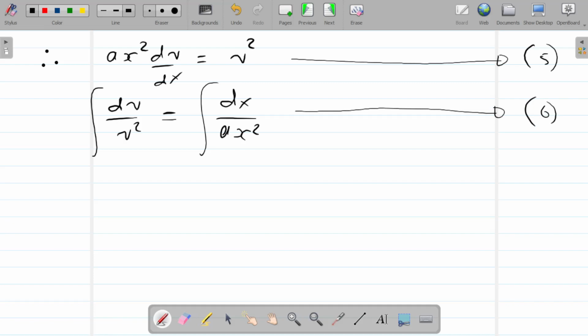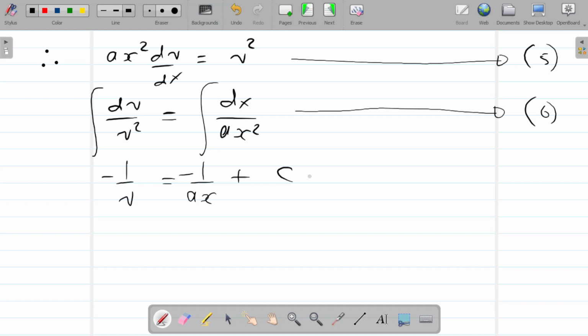So equation 6 is very easy to solve. Well, hopefully, for people doing ordinary differential equations at this level, it should be. So 1 over v squared dv integrates to give minus 1 over v, and that's equal to, actually, minus 1 over a x, because 1 over x squared integrated is minus 1 over x, and of course we've got the a there, and we have a constant of integration which we'll call c.